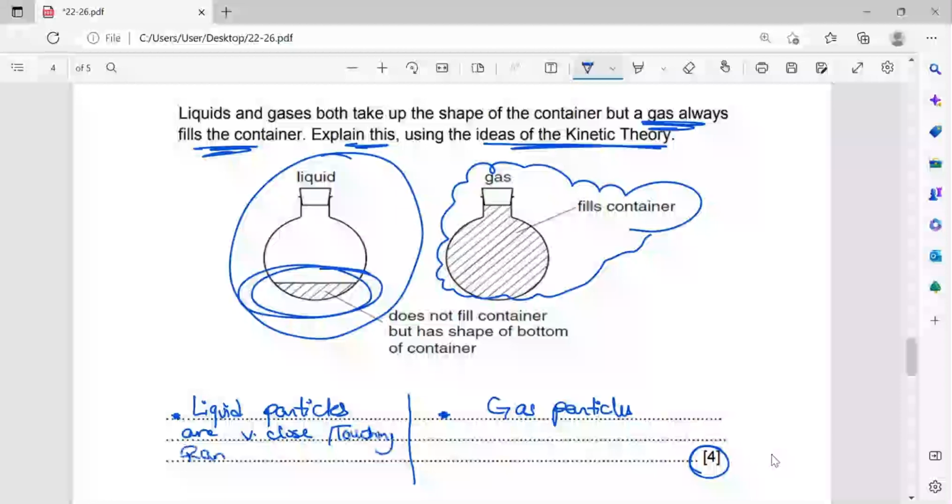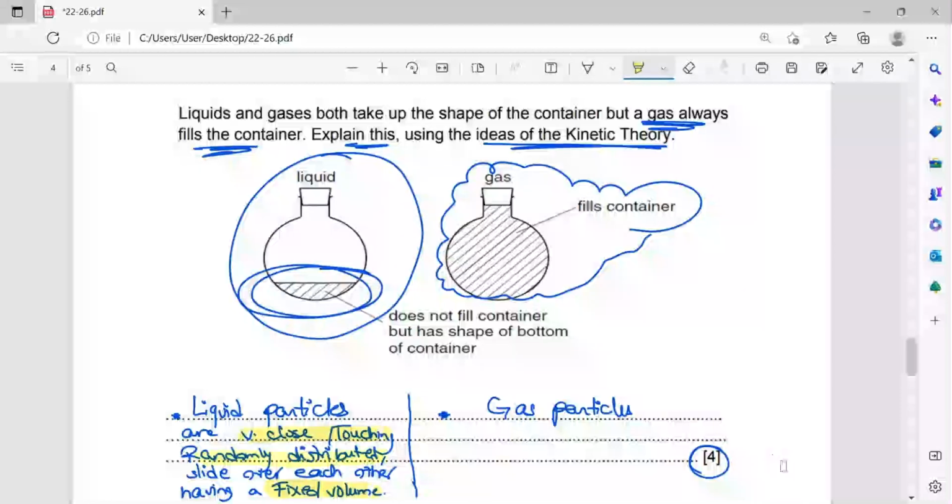They are randomly distributed and slide over each other, having a fixed volume. So liquids have a fixed volume. They are very close, touching, randomly distributed, slide over each other. If you write this, you take the 2 marks regarding the liquids.